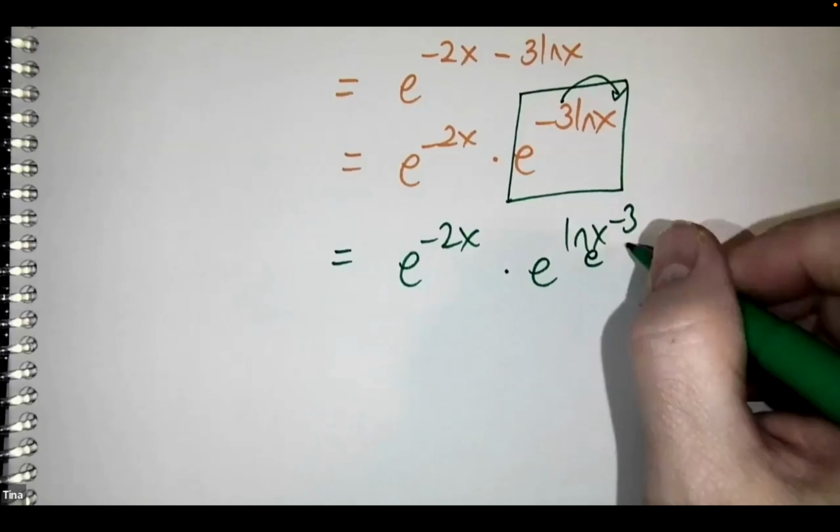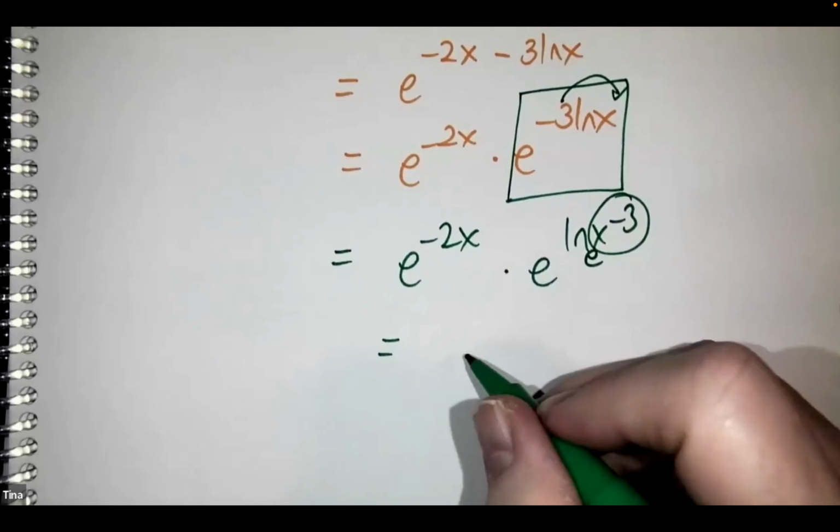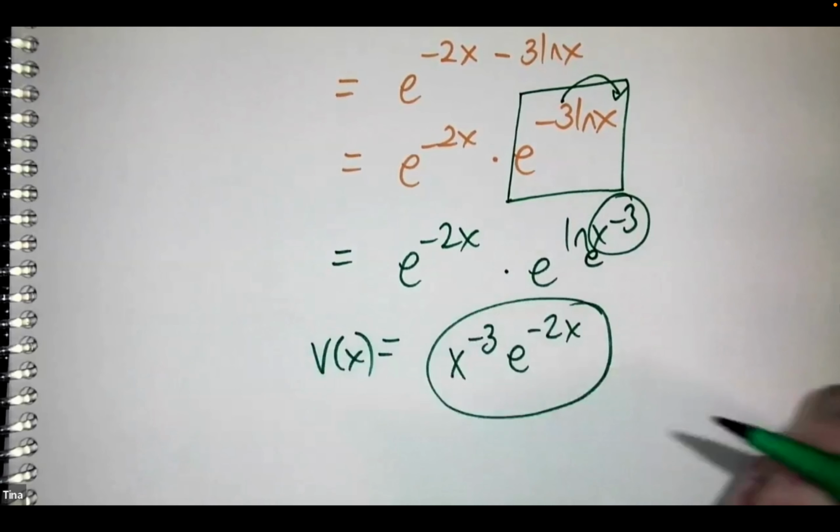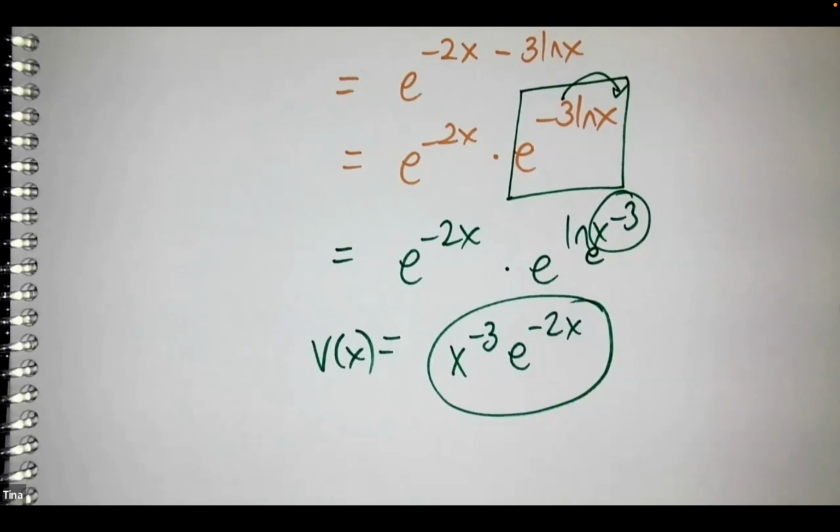Well, this is log base e, so guess what? My answer is just x to the negative 3 times e to the negative 2x. And that's my integrating factor.